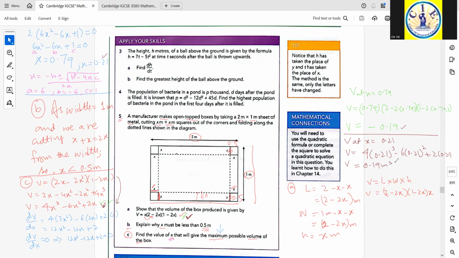If you compare these two values, obviously this is greater than the volume calculated previously. So the value of x that gives the maximum volume is this one. So the maximum volume is for x equal to 0.21 meters. So that completes question number 5, part C.